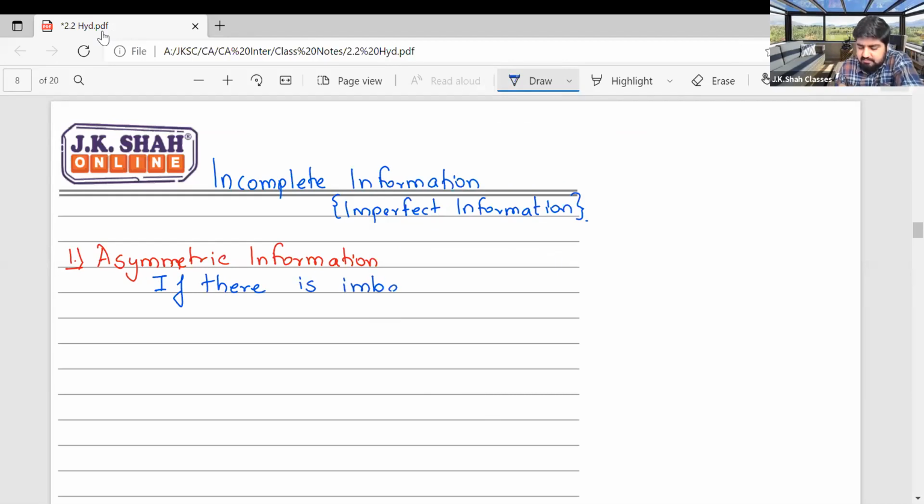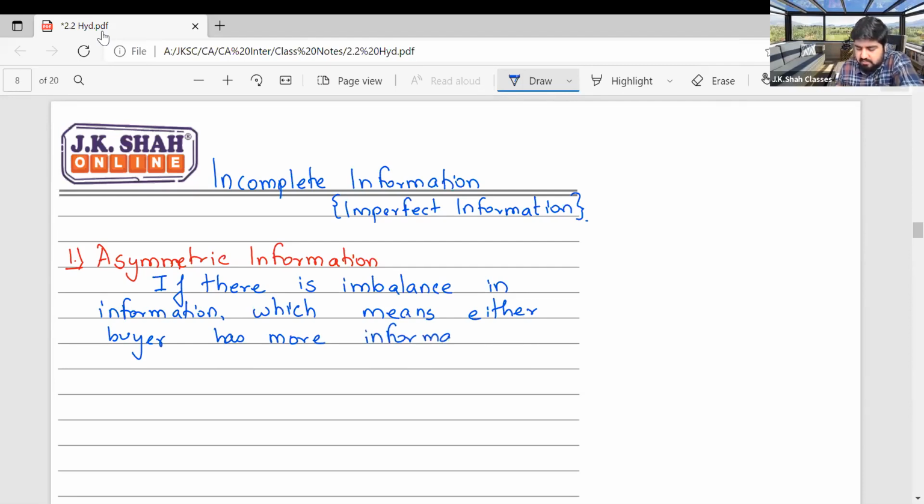If there is imbalance in information, which means either buyer has more information than seller, or seller has more knowledge than buyer.